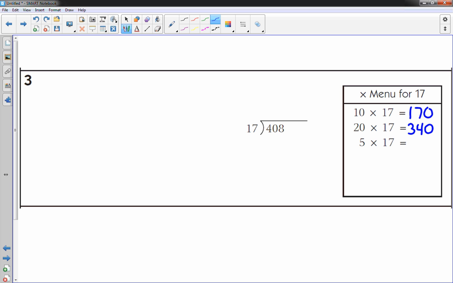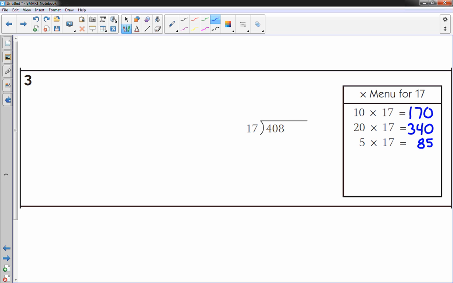And 5 times 17 is half of the first one. That's going to be tricky, huh? What do you think? I think it's 85, because I know 80 and 80 is 160. So 85 and 85 would be 170.